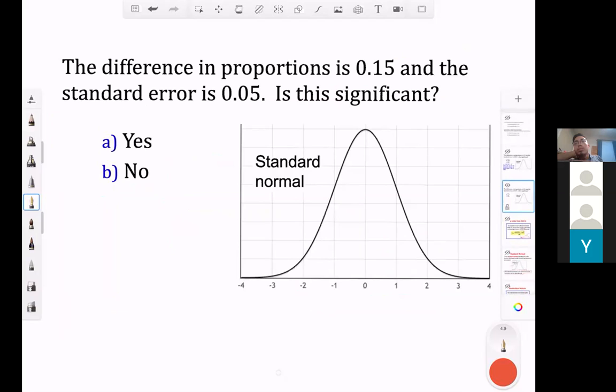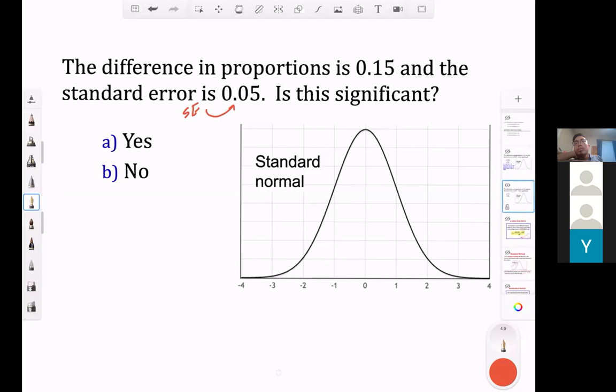The difference in proportions is 0.15, in the example, and the standard error is 0.05. Is this significant? Is that yes or no? So we have a standard error, it's 0.05.